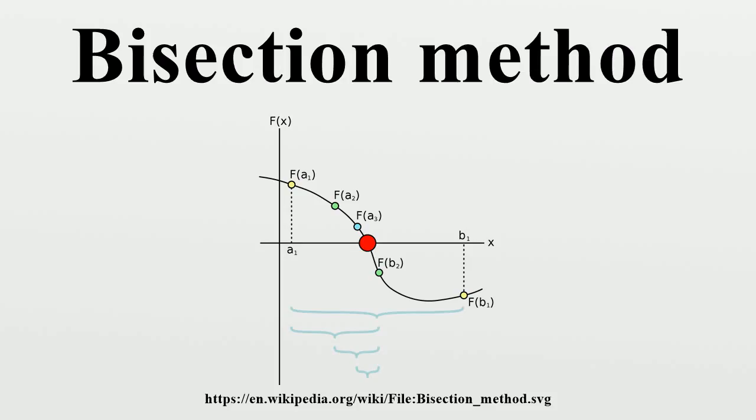If f(c) = 0 or (b - a)/2 < TOL, then solution found, output c, stop. End if. N = N + 1, increment step counter. If sign(f(c)) = sign(f(a)) then a = c, else b = c, new interval. End while. Output: max number of steps exceeded.